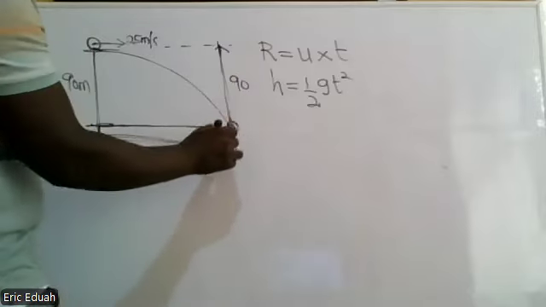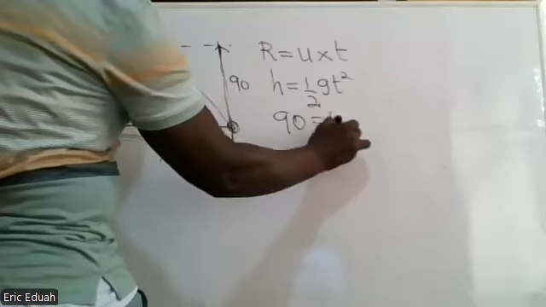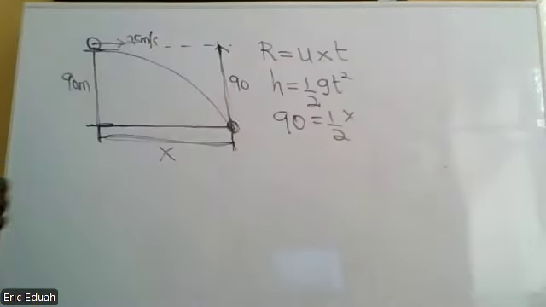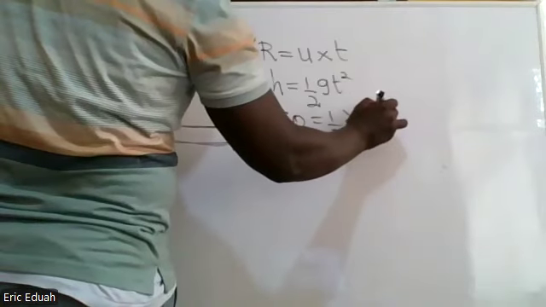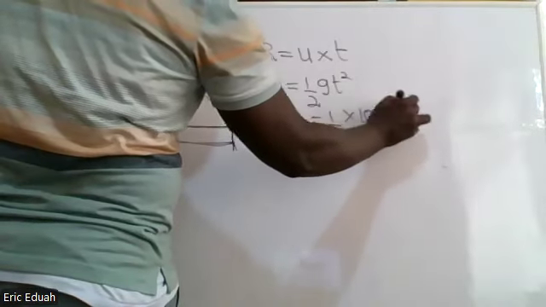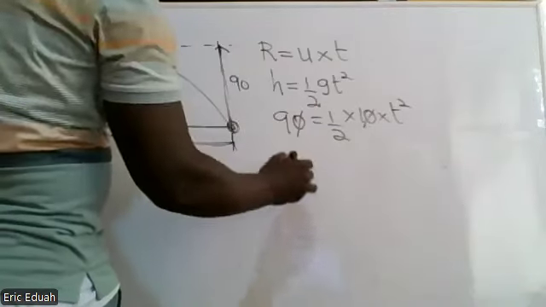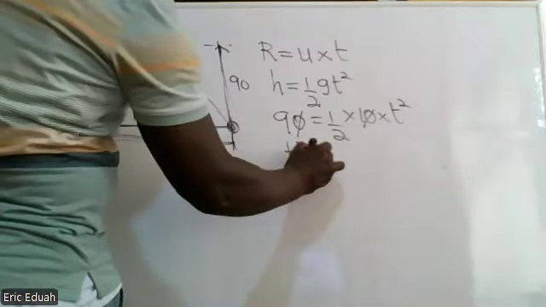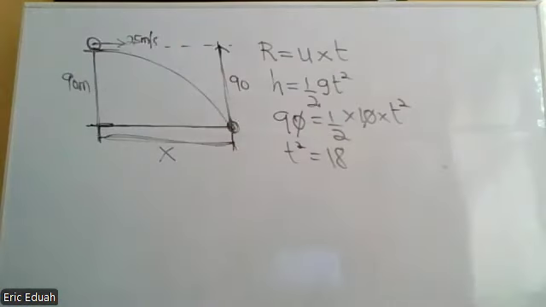This vertical displacement we know, 90, is equal to half times, we're given g value of 10, times T squared. Therefore, T squared is equal to 9 times 2, which is 18.